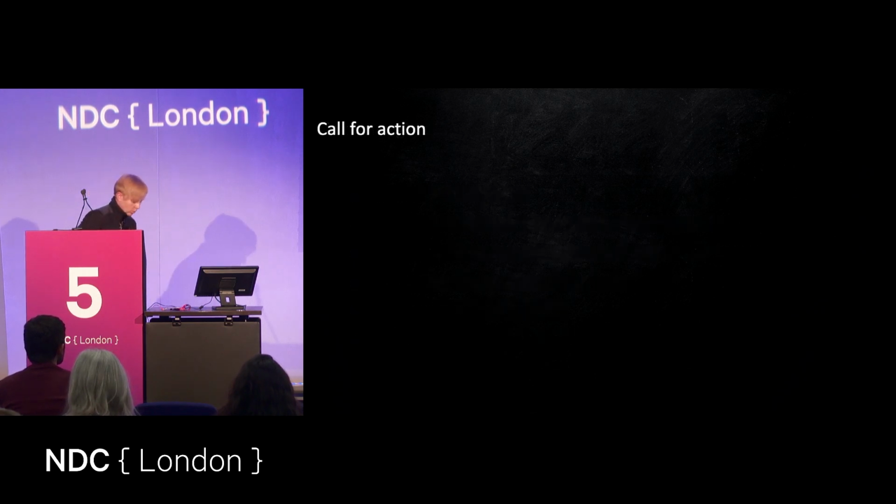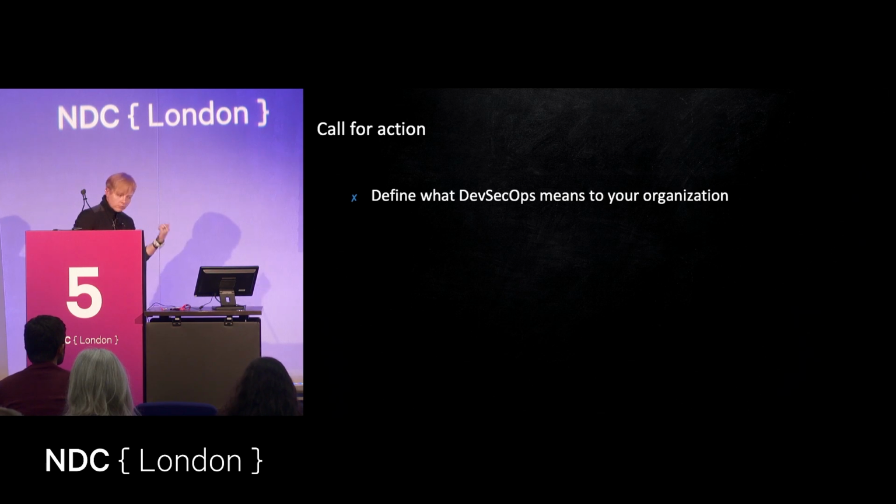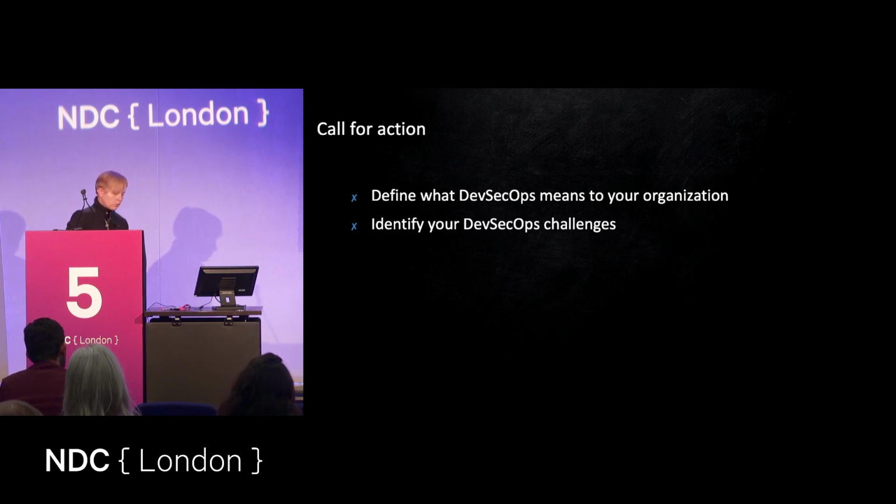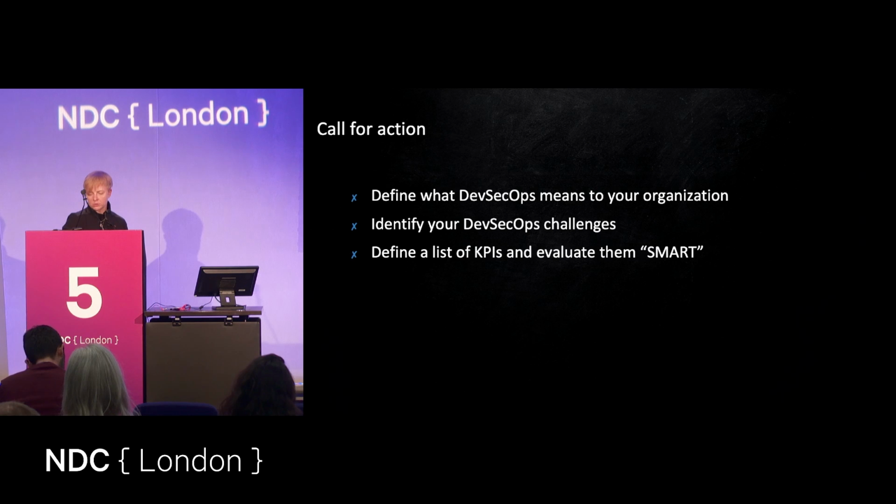Like I mentioned, call to action. Even though we talked about measurements already, first and foremost, if you have already defined what DevSecOps is for your organization, revisit it. Then identify your challenges, define a list of KPIs, and try to evaluate them as SMART.